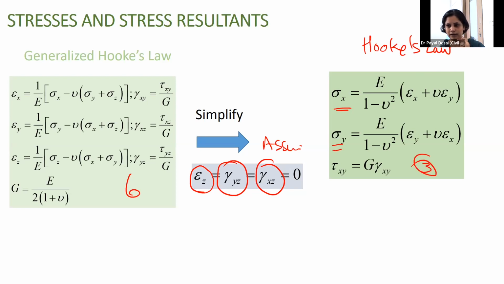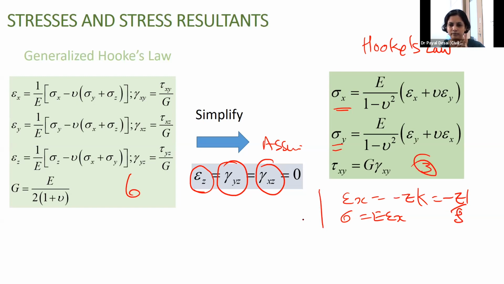One is Hooke's law. In case of beam we already know Hooke's law: sigma is equal to E times epsilon x. Then we already have epsilon x as minus z times the curvature, or minus z divided by rho, that is the radius of curvature.